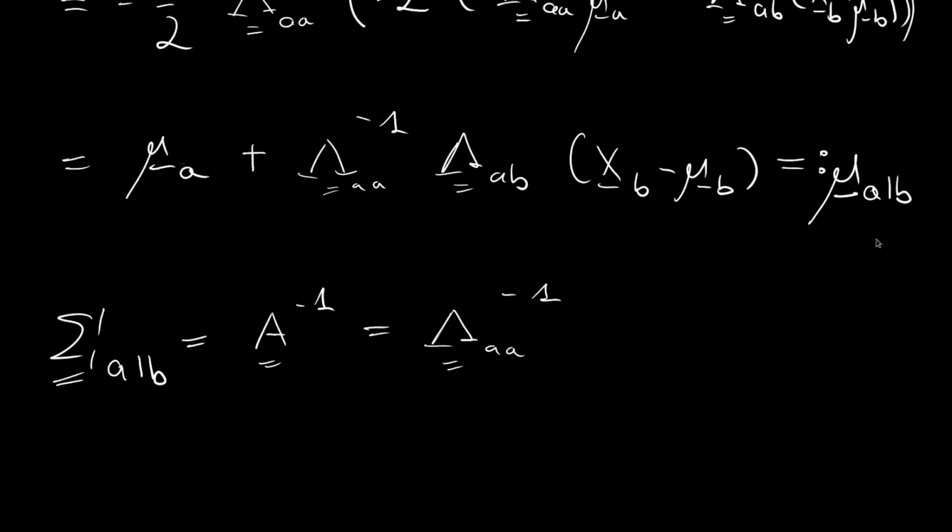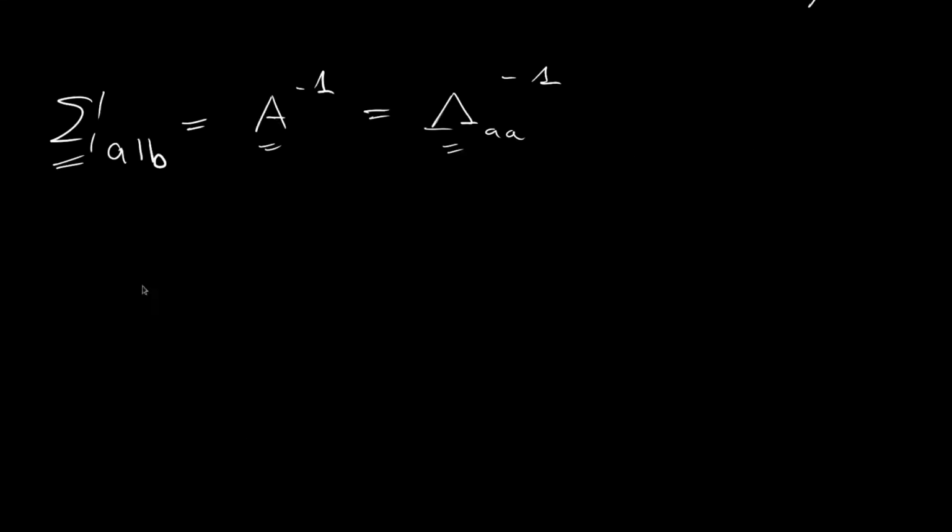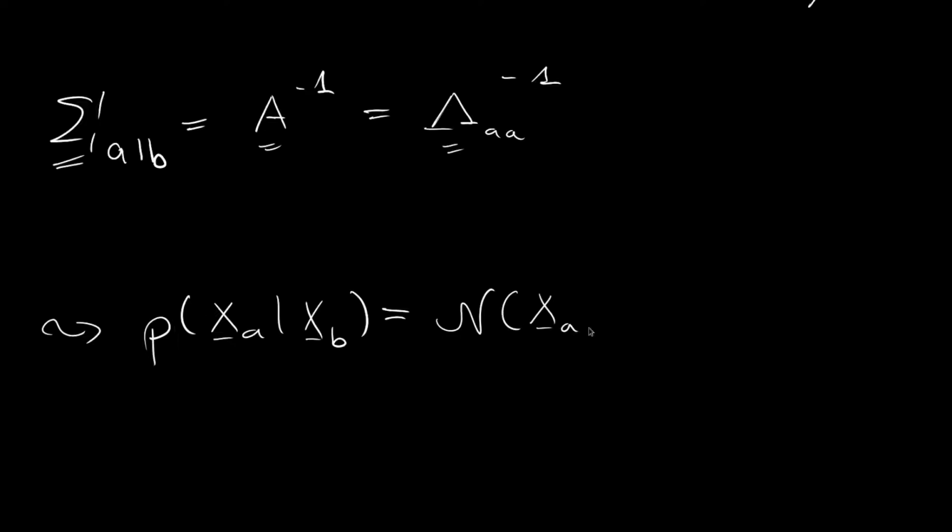So we found the mu of our distribution as well as the covariance matrix. So we can say that P of XA given XB is the multivariate normal over XA under the parameters mu A given B and sigma A given B.